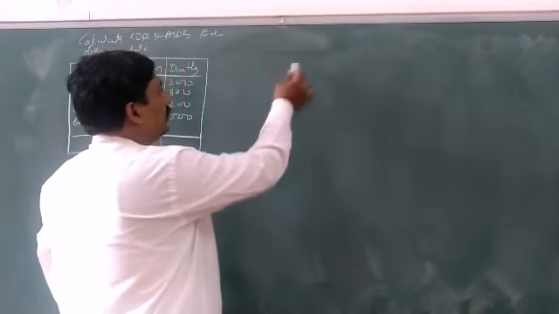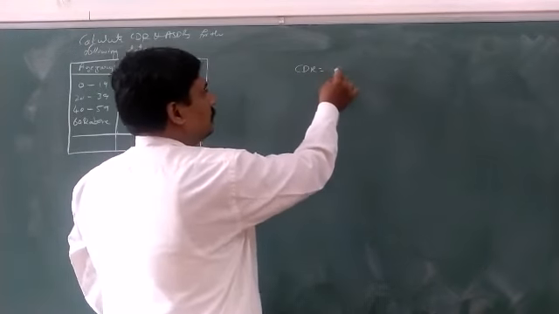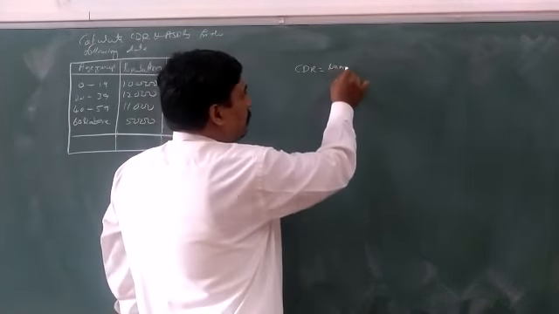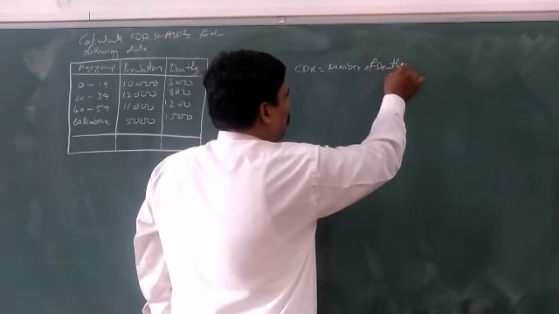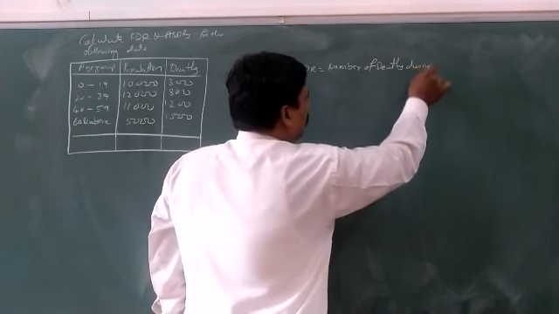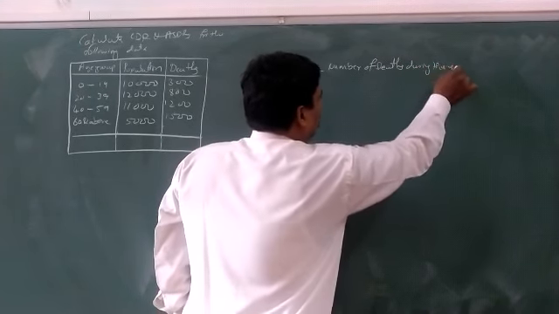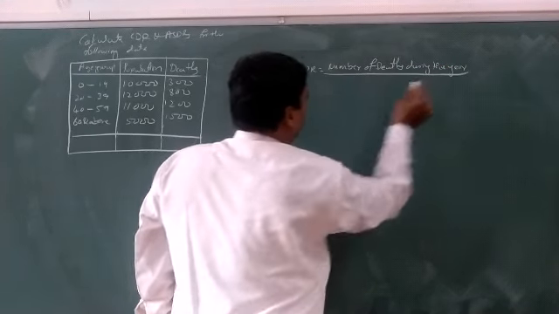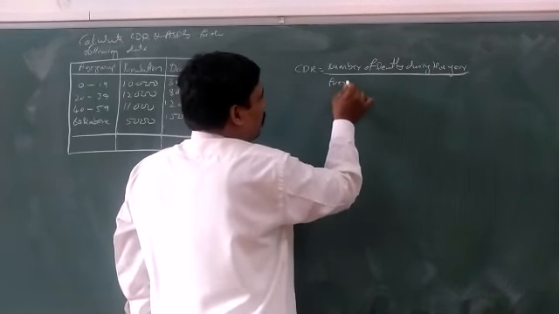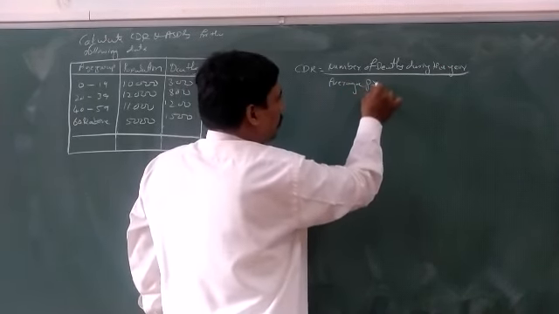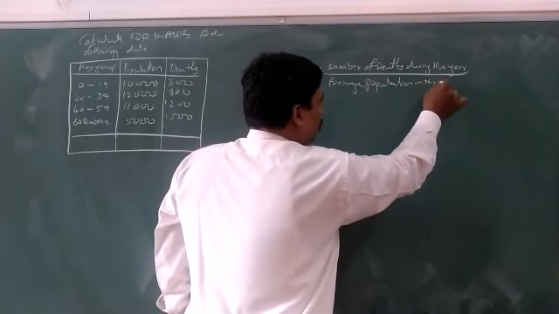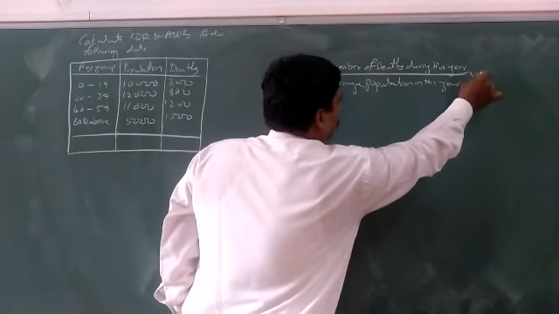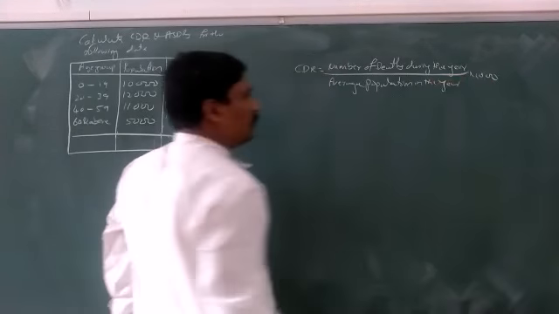To calculate CDR, CDR is equal to the number of deaths during the year divided by the average population in the year, into 1000.